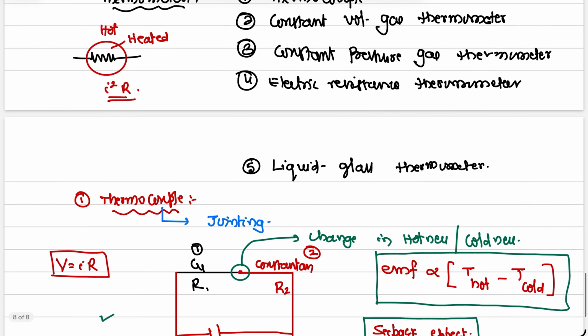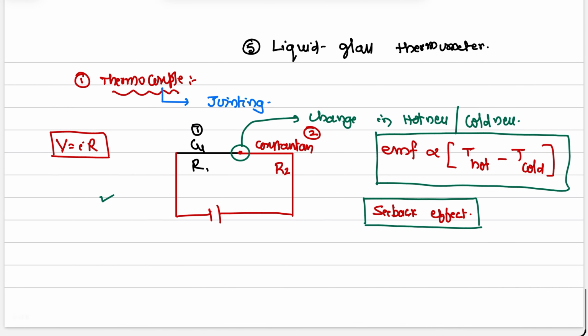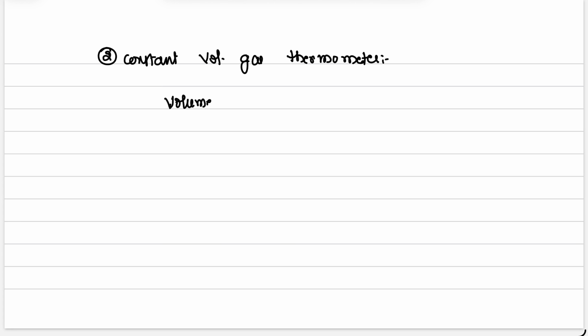Now, what is next? Constant volume gas thermometer. Second one is constant volume gas thermometer. Name itself says we keep volume as constant.